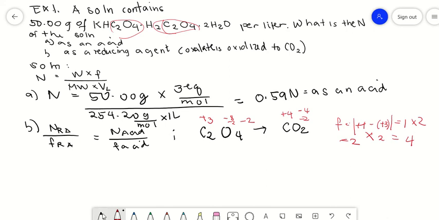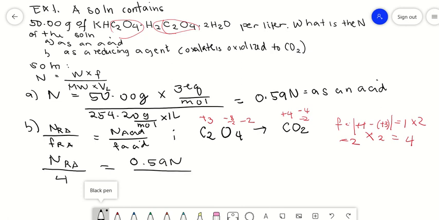So normality now as a reducing agent would be N as a reducing agent over the factor as a reducing agent, 4 equivalents per mole, is equal to normality as an acid, 0.59 normal, over the factor of potassium tetroxalate as an acid. 3 replaceable hydrogen ion. So that is 3 equivalents per mole.